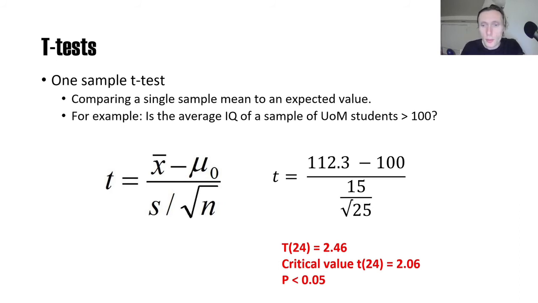If your t-score is larger than 2.06, or smaller than minus 2.06, then you have an observation that is in the highest or lowest 5%, the highest 2.5% and the lowest 2.5%, right? Because those 2.5 and 2.5 sum up to 5. And in this case, that is the case, right? Because 2.46 is larger than 2.06, so that is in that extreme part of the distribution.